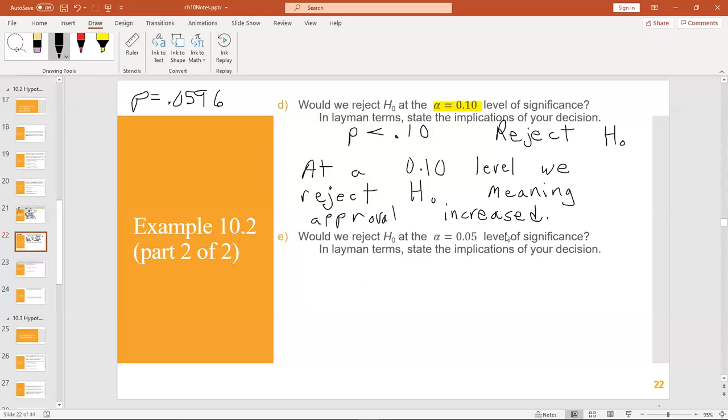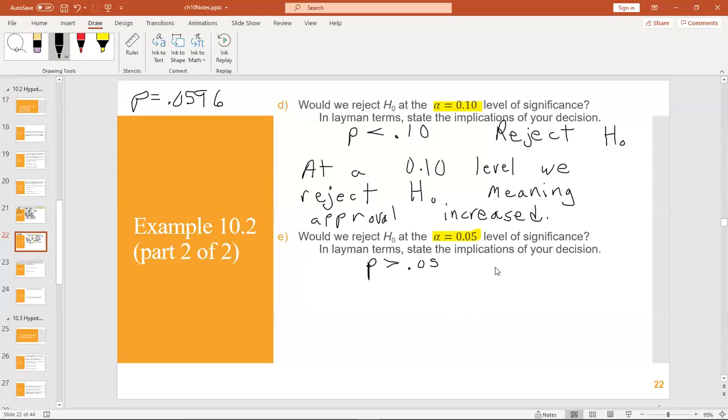Would we reject H0 at alpha of 0.05? Here's where things kind of get interesting. So in this case, P is actually greater than 0.05. 0.0596, which is really close to just 0.06.